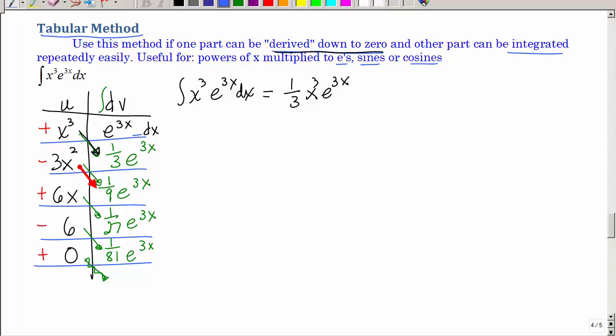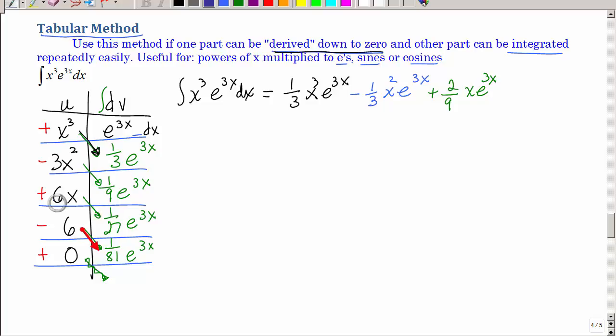So that minus 3 1/9, that's going to be minus 1/3 x squared e to the 3x. Then the next one, I have positive 6/27. You could leave it as 6/27. I'm going to actually reduce that to 2/9, and that's going to be x e to the 3x.